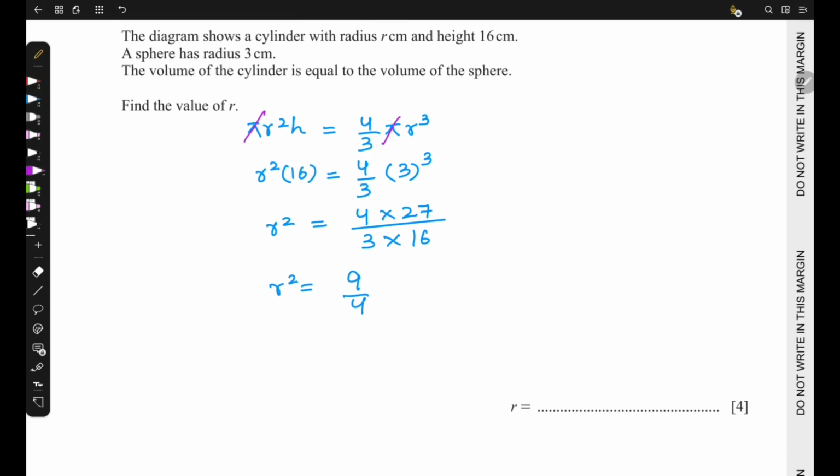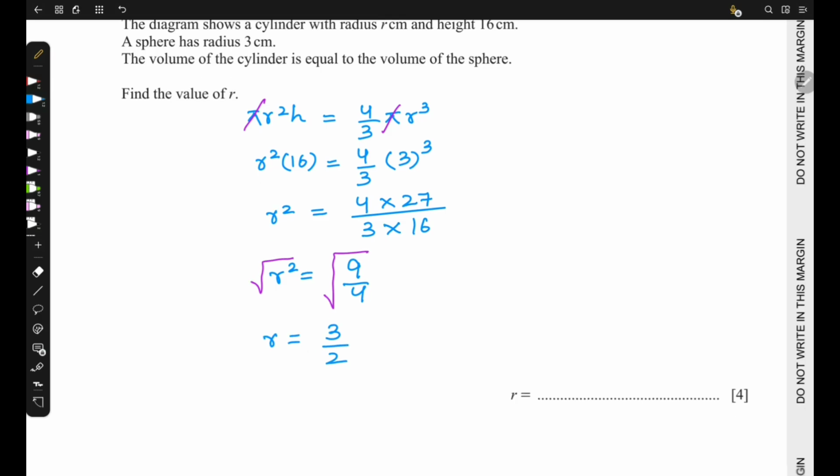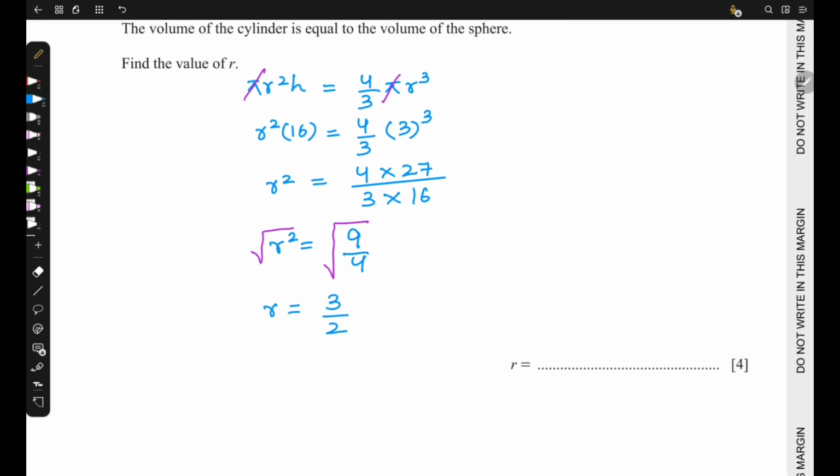And if we want to find r, we have to remove the square by taking the square root on both sides. So ultimately we will get the final answer 3 over 2. You can write 3 over 2, or you can convert it into the decimal 1.5 as well, but you do not need to go into the decimals. You can write the simplest form as an answer. So this is a 4 marks question, and that is your final answer.